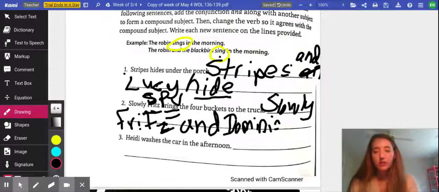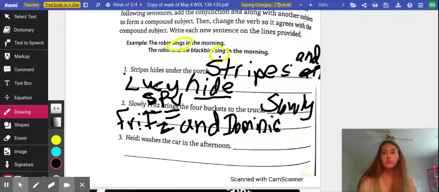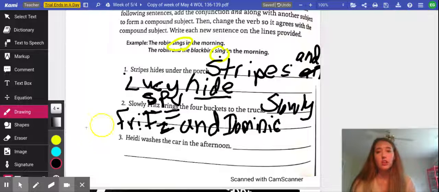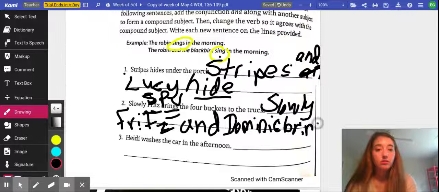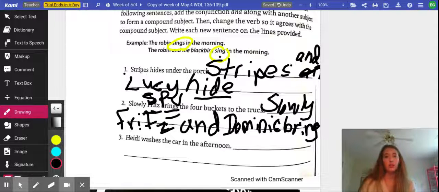Okay. Now, so slowly, Fritz and Dominic, what would we change our predicate verb to? It was brings. Now it's going to be slowly, Fritz and Dominic bring. Okay. So as a general rule of thumb, we will remove the S from our predicate verb to make it agree with a plural subject.